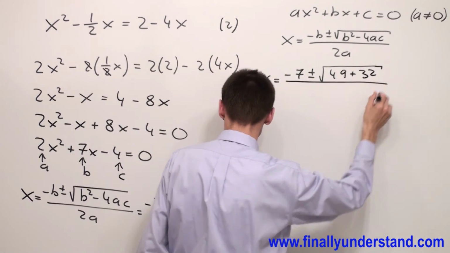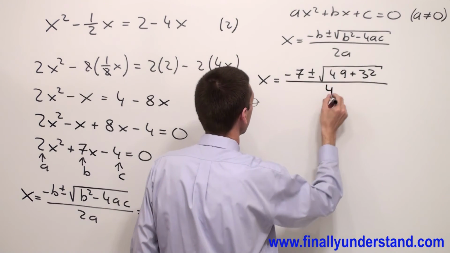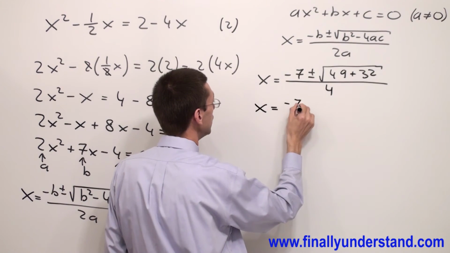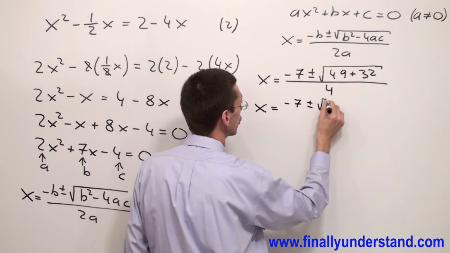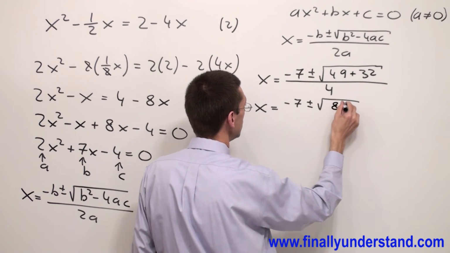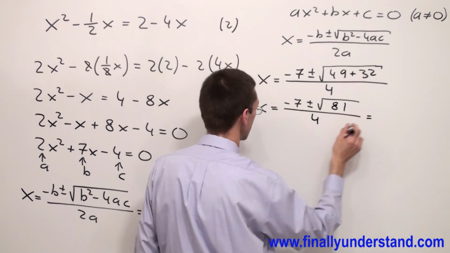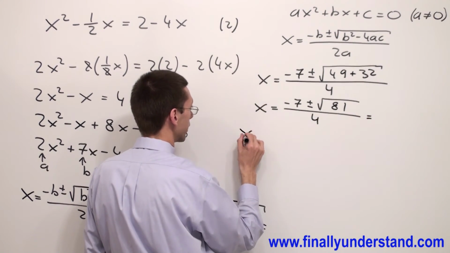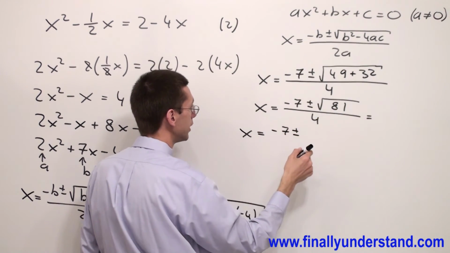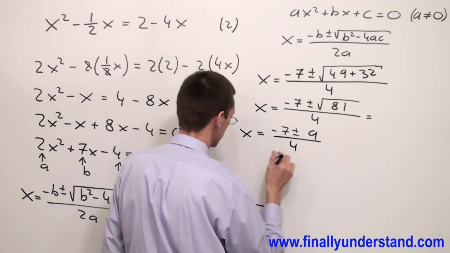Everything over 2 times 2, which is 4. Now I have x equals minus 7 plus or minus the square root of 49 plus 32, which is 81, and everything over 4. This is x equals minus 7 plus or minus the square root of 81, which is 9, over 4.